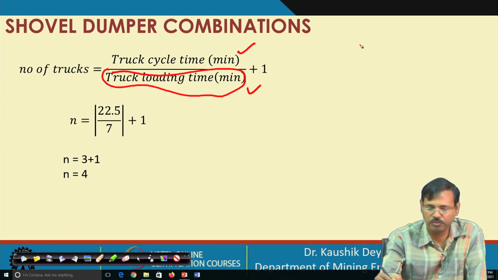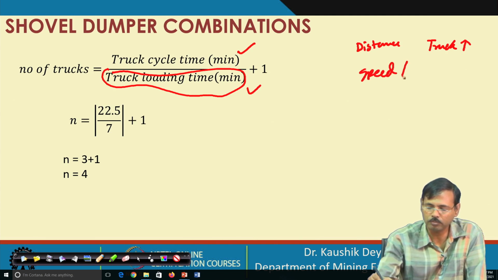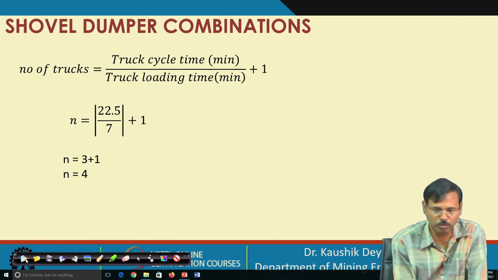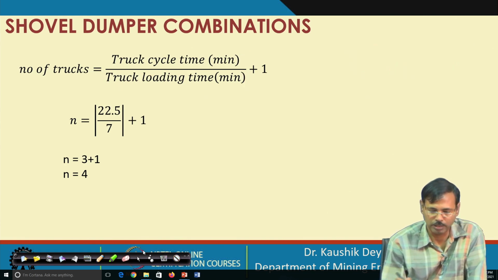And if we find that the distance is more, we need to provide more trucks. If the speed is less, trucks should be increased. So, all these are required to be considered while deciding the number of trucks.